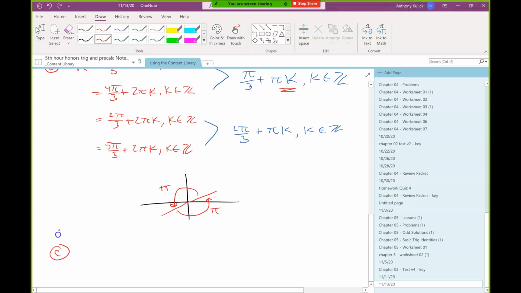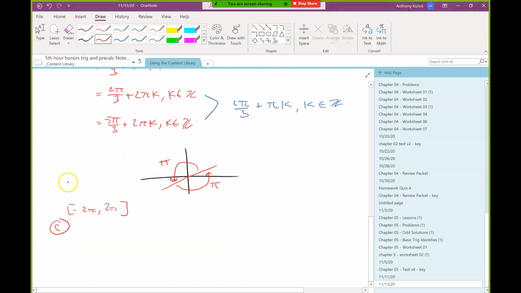Okay, so for part C, we're talking about the interval from -2 pi to +2 pi. So notice that our answers for part A are from 0 to 2 pi, right? That interval is inside of the interval for C, correct?